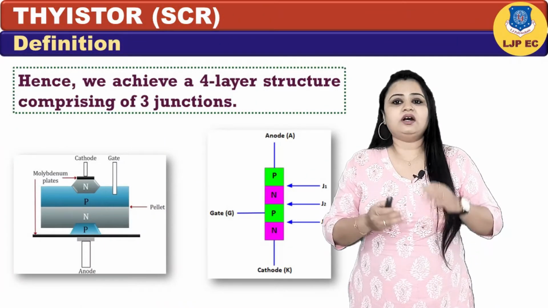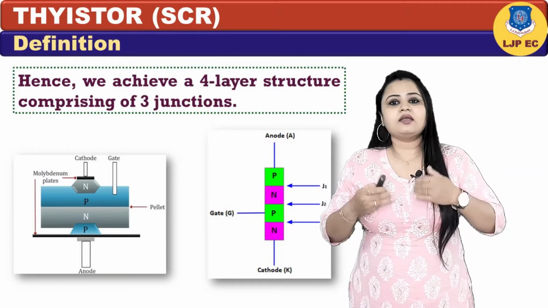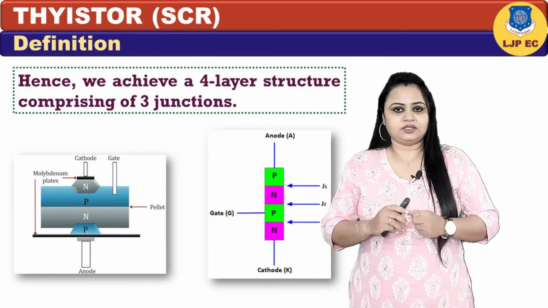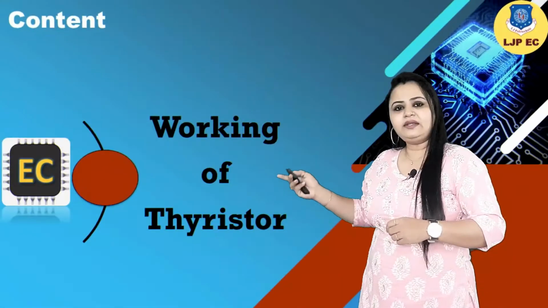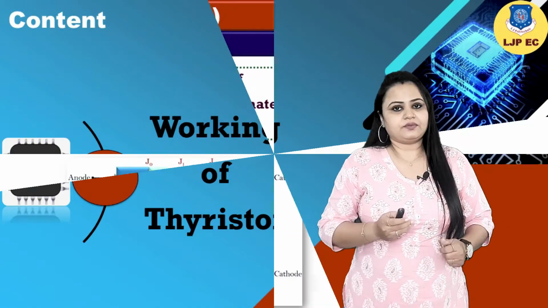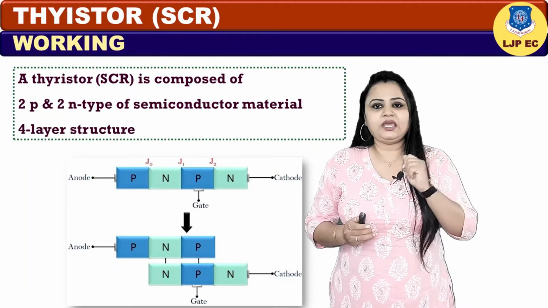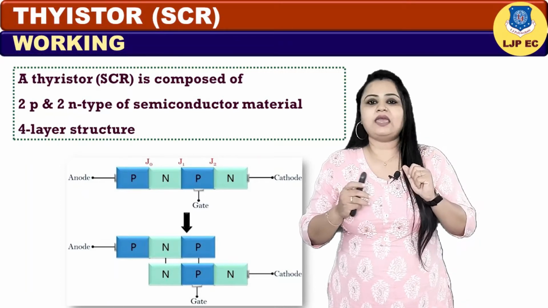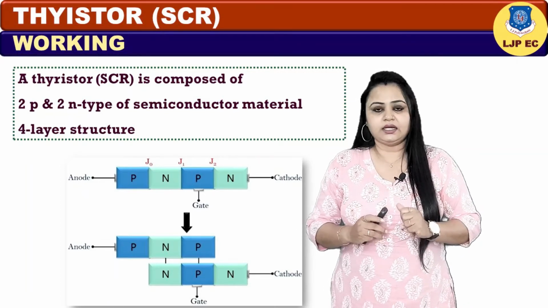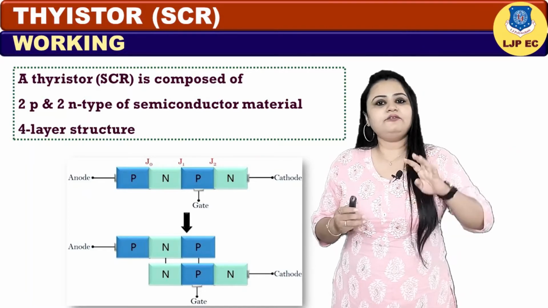Hence, we achieve a 4-layer structure comprising 3 junctions. Now, let us see working of thyristor. A thyristor is composed of 2 P and 2 N type of semiconductor material, thereby generating a 4-layer structure.